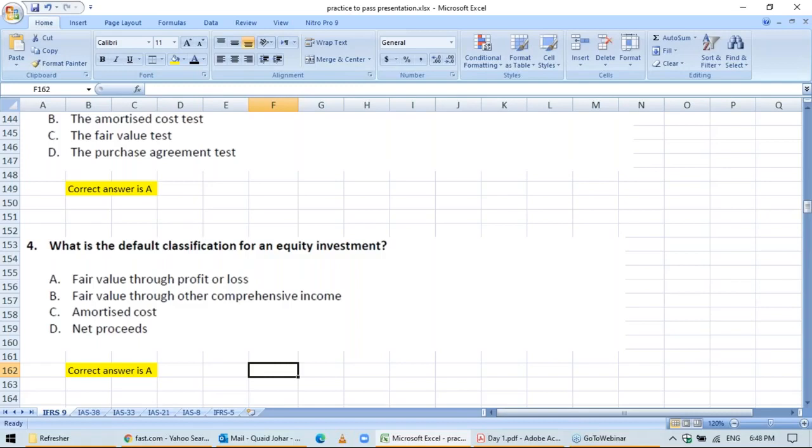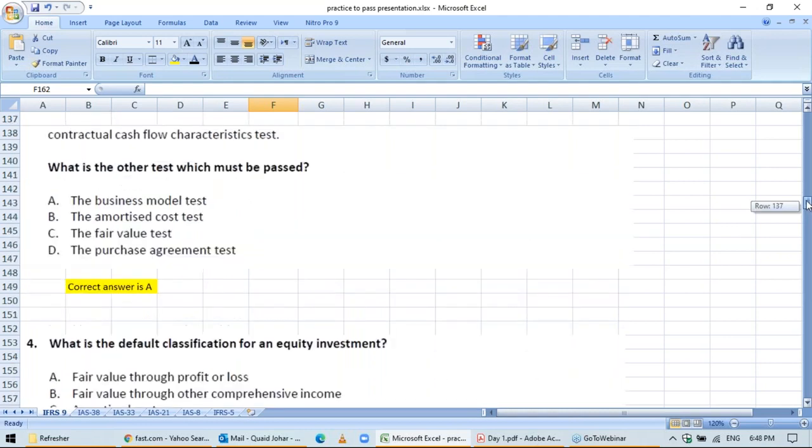Without making that election or without that authorization, you cannot recognize the equity investment at fair value through other comprehensive income, right? So the default, if you don't make an irrevocable election, then you recognize it as fair value through profit and loss account. Let me show you a small table regarding this.